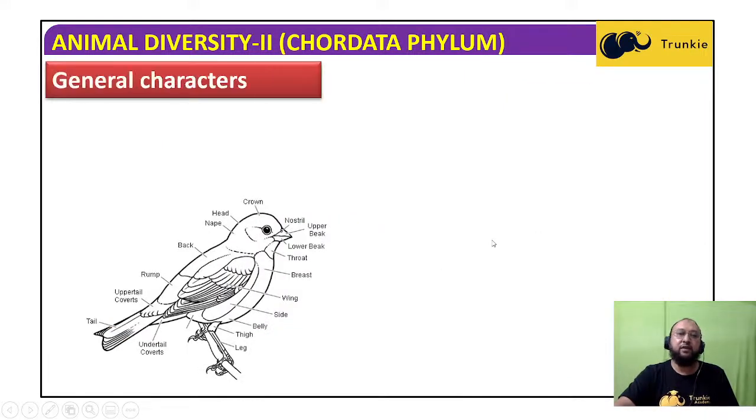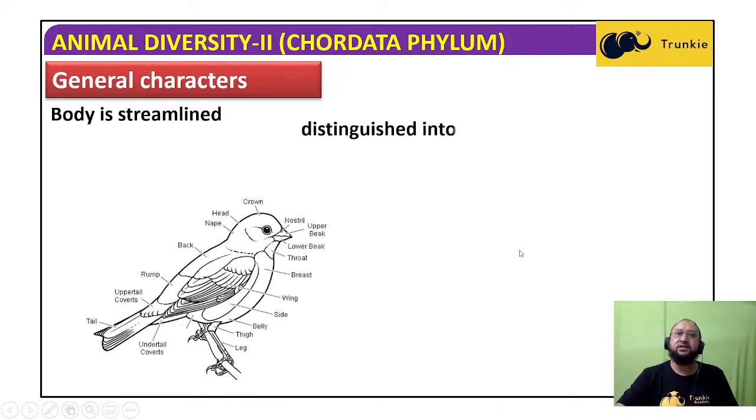Now, when we observe the general and characteristic features of a typical bird, we find that the body is streamlined, to pass through the air or wind while flying, so that it will not offer resistance. The body is distinguished into head, neck, trunk, and rudimentary tail.